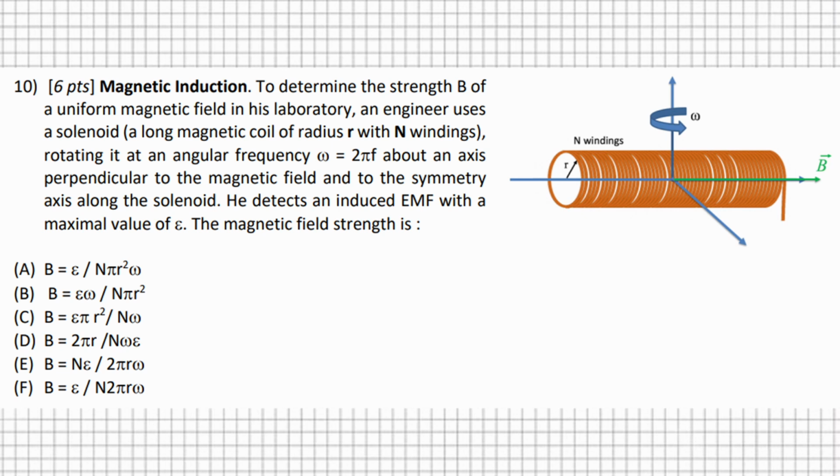To determine the strength B of a uniform magnetic field in his laboratory, an engineer uses a solenoid, a long magnetic coil of radius r with n windings, rotating it at an angular frequency omega equals 2 pi f about an axis perpendicular to the magnetic field and to the symmetry axis along the solenoid. He detects an induced EMF with a maximum value of epsilon. The magnetic field strength is, and then we have options from A to F.